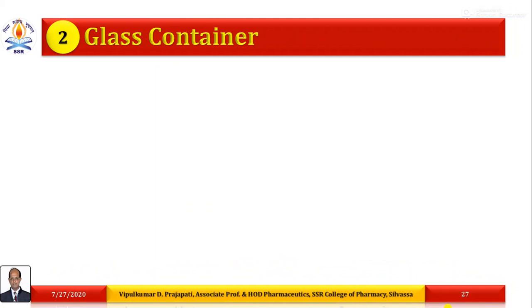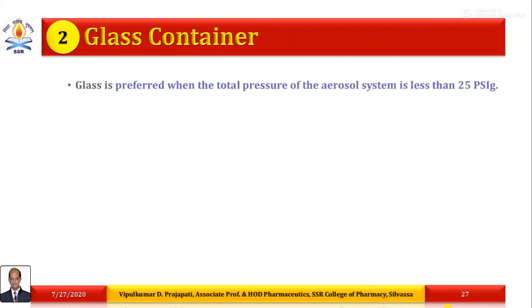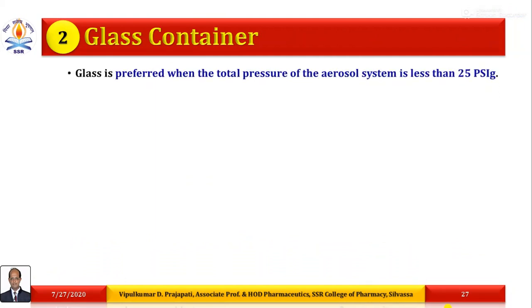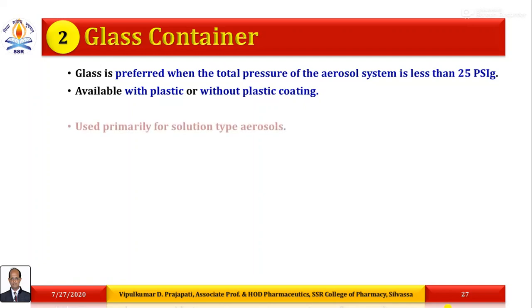Next type of containers are glass containers. Glass is preferred when the total pressure of the aerosol system is less than 25 pounds per square inch gauge. They are available with or without plastic coating.